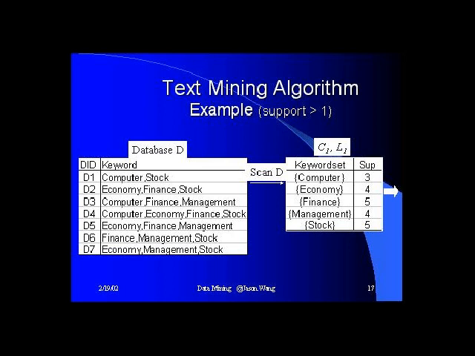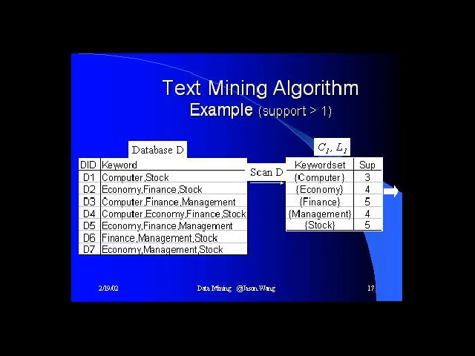So once again, let me remind you that given a set of original documents, perhaps the most difficult thing for you right now is how to represent them by these keyword sets. You have to predefine a set of important keywords for the documents at hand, and then for each document you check whether it contains those keywords or not.